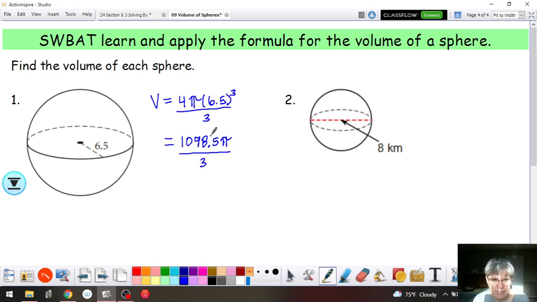Since I already have a decimal in my answer, I'm going to go straight to the approximation, and I'm going to take that 1098.5 times 3.14 and then divide it by 3. And it is approximately 1,149.76 units cubed. We weren't given any units on this one, so we say units cubed.